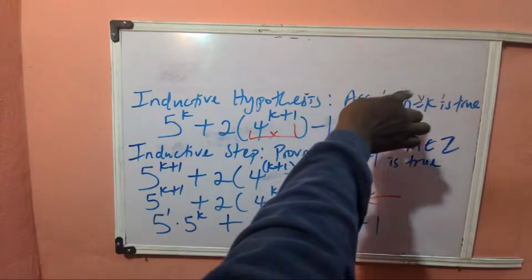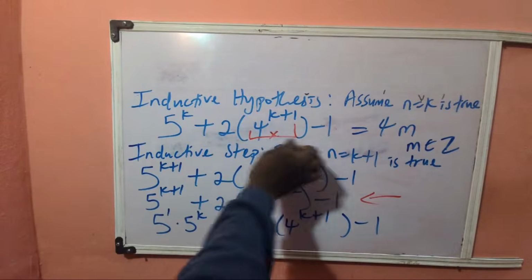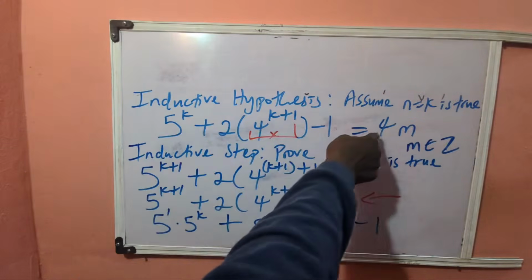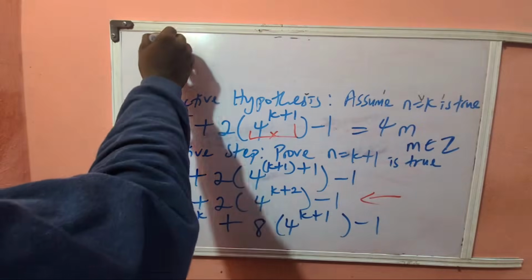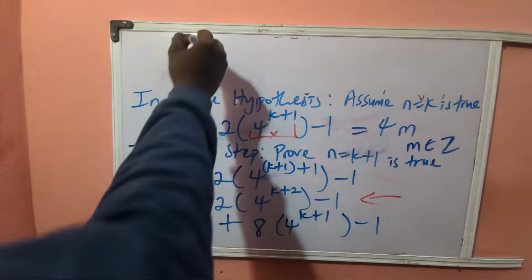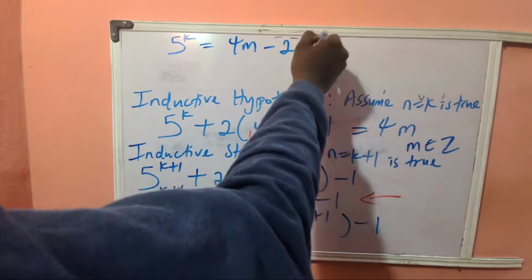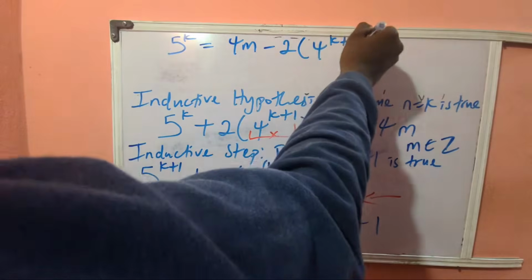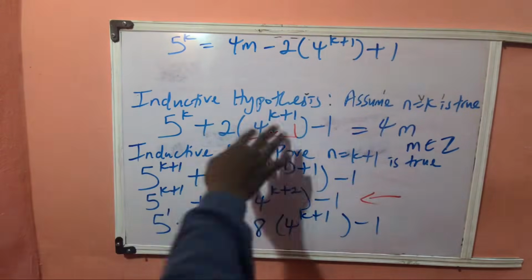We said if n equals k is true, that means this particular function, when you fix in n as k, must be equal to 4 times a particular integer number, which we termed m. Now, if that's the case, I am not going to be wrong if I decide to rewrite 5 raised to the power k as 4m minus 2 times 4^k, then plus 1, because I'm shifting everything to the other side.